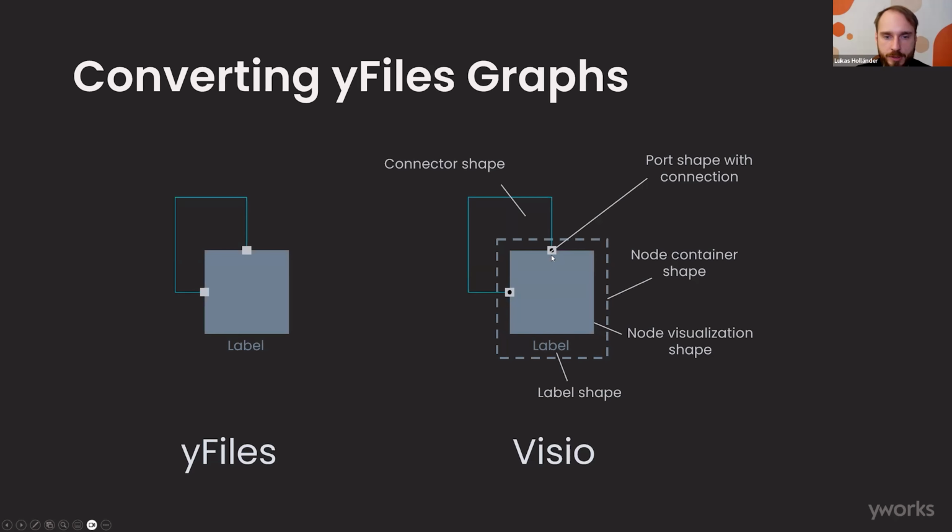And each of these ports has a connection. Connections are the things that connectors, which are edges, connect to and are logically bound to. And yeah, the edges are represented as 2D shapes, as they're called in Visio, or connectors.